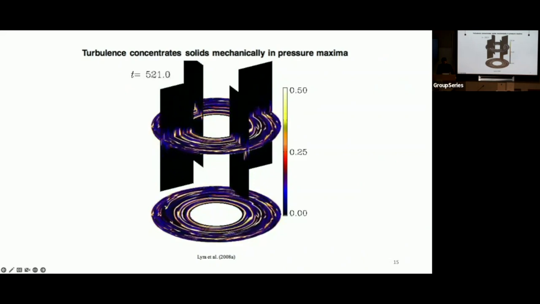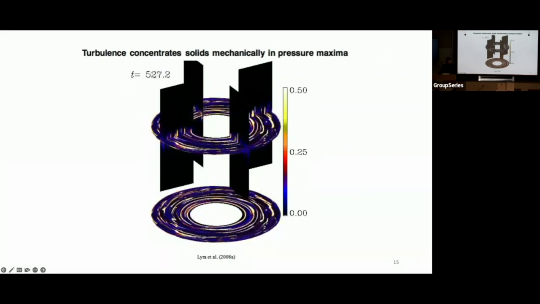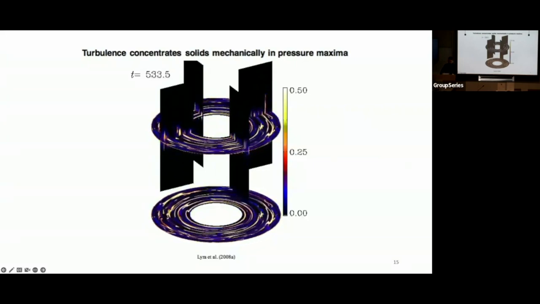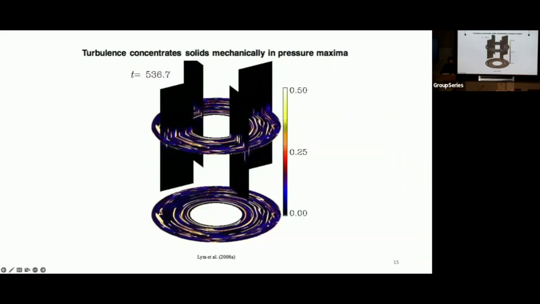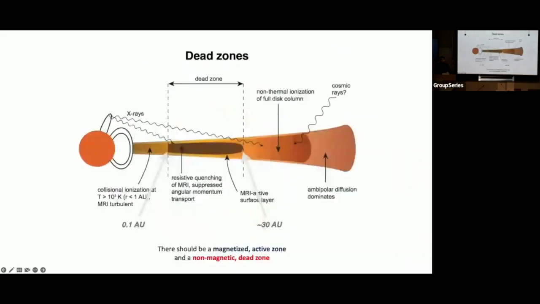So all seems to be fine, except that there is a big problem in this picture. Because if you need a mechanism to generate turbulence in disks that depends on the magnetization, magnetization is not going to be achieved in vast swaths of the disk, because these disks are cold, right? So if you have a mechanism that depends on the magnetization, you also need ionization.